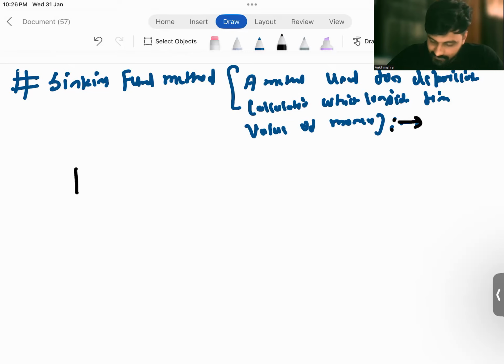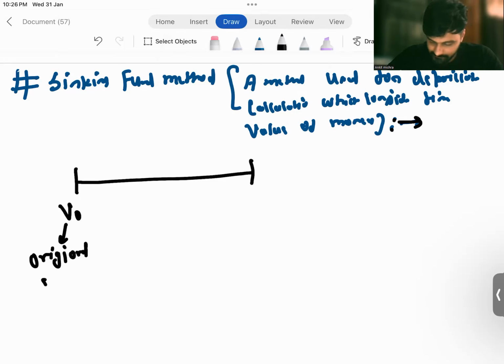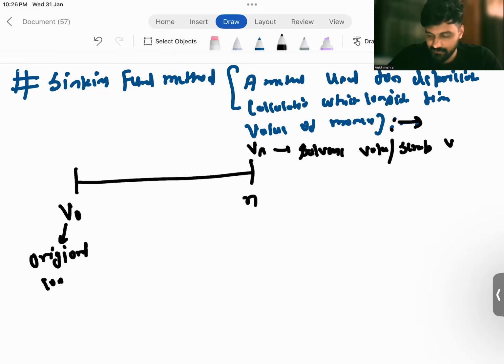Let's say your asset has an initial value of V naught, that is the original cost of the equipment or assets, and after the service life of the asset, you get a value of VS, that is your salvage value, or you can say scrap value.